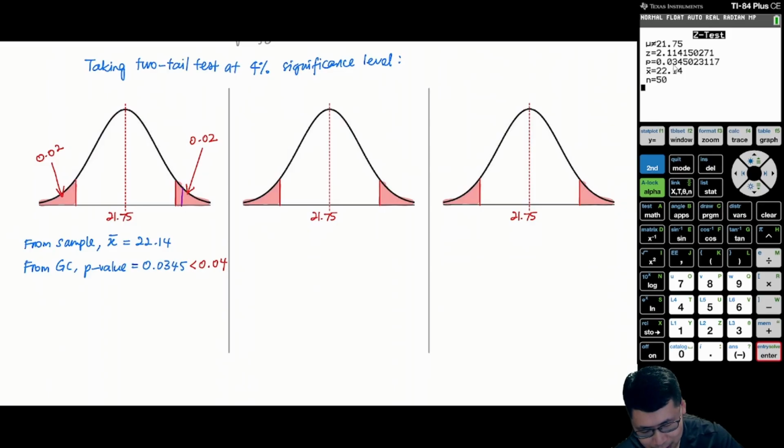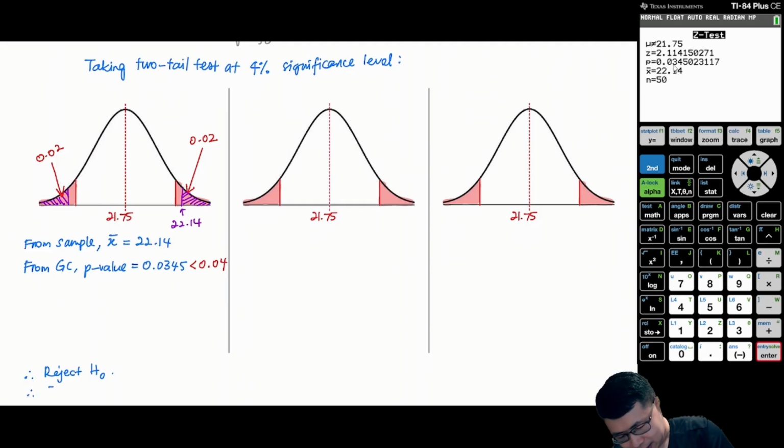This area that we are shading over here and this area that we're shading over here, the total area is actually 0.03, which is less than 0.04. So this tells me that my 22.14 is actually over here in the rejection region. And because of that, the conclusion is we need to reject our null hypothesis H naught.